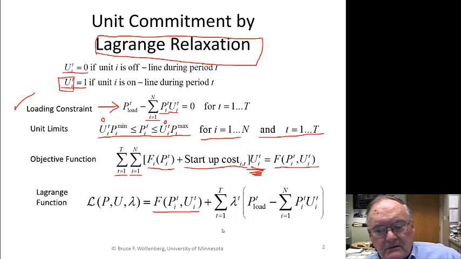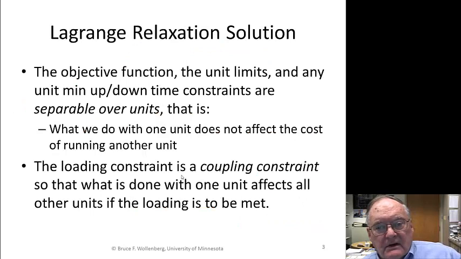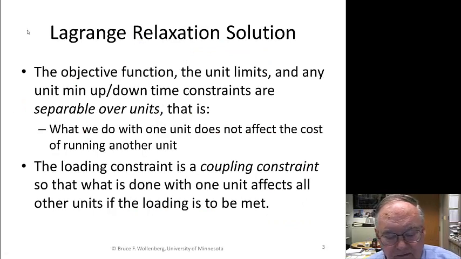Only that there is one of these for every time step. Now notice that the lambda has a T superscript, so there's T different lambdas, one for each hour. Now the idea of Lagrangian relaxation is as follows.